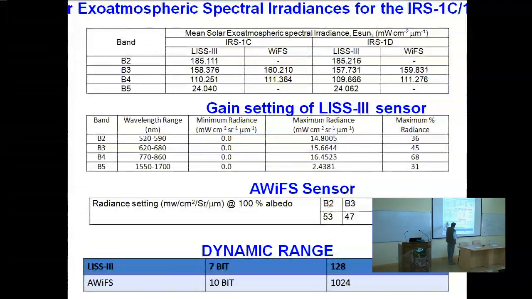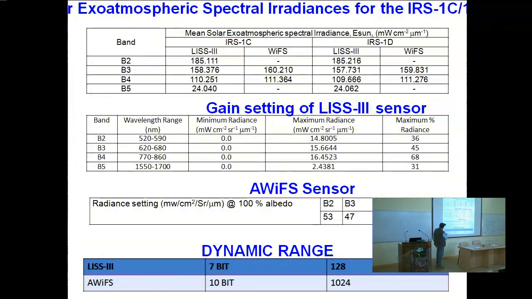And what it means now, this is 100% albedo. So it is 56, 53, 47, 31.5 and 7.5. So you can see for this almost identical band, how much is the difference in the saturation radiance. Band 1 is 53, it is 50, it is 47, it is 31, and this is 2.4 to 7.5.